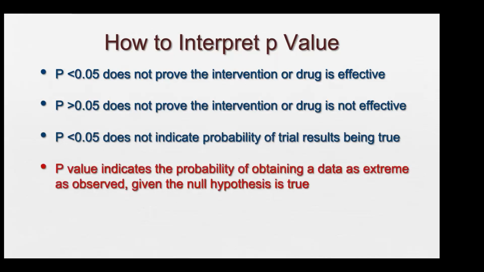What it indicates simply is the probability of obtaining data as extreme as we are observing in the trial, given that the null hypothesis is true. So that's all the p-value tells us. And based on this probability, we are supposed to either reject the null hypothesis or not reject it, and we declare the trial negative.